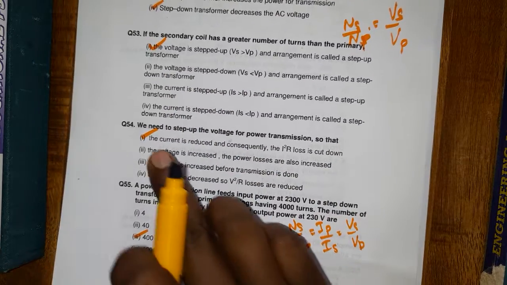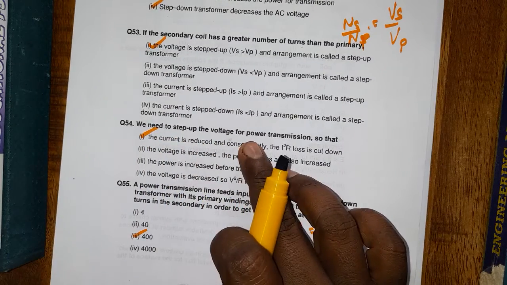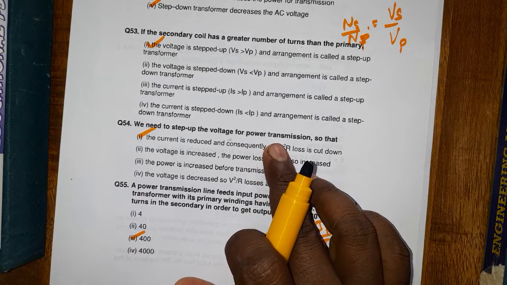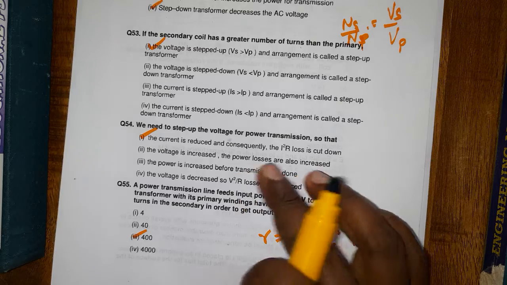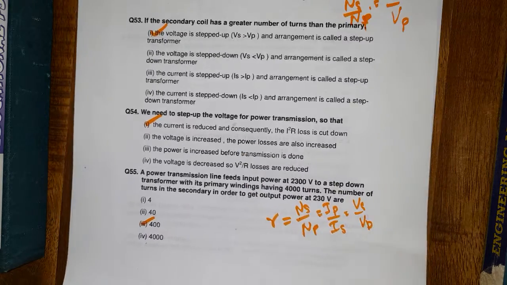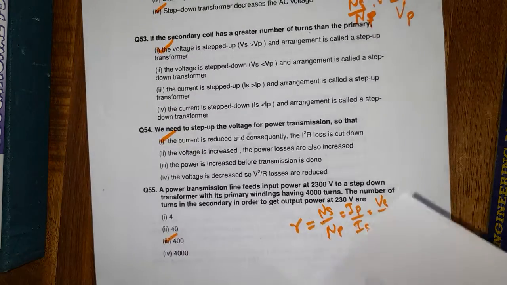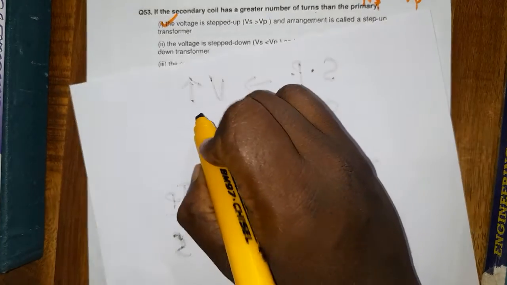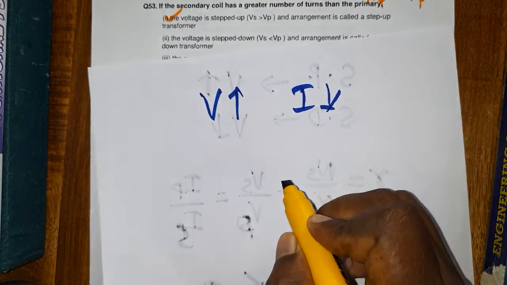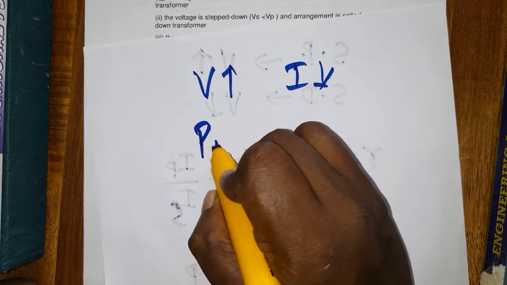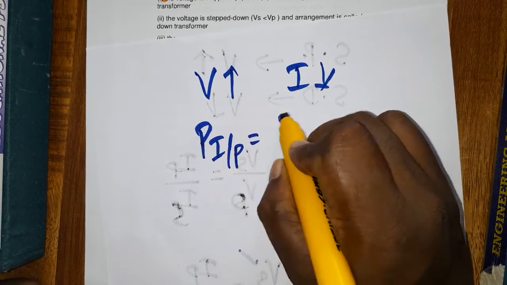The next one: we need to step down the voltage for power transmission. What should we do? We have to step up the voltage. When the voltage is increased, the current gets decreased, because power remains constant: input power is equal to output power.